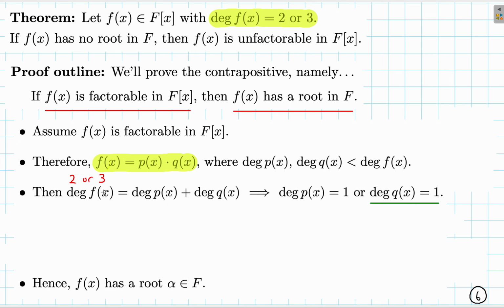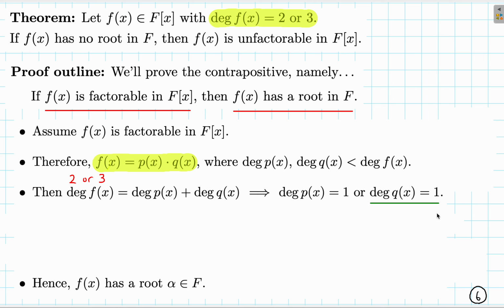If the degree of f of x is 3, we must have either 1 plus 2 or 2 plus 1. Again, given the restriction that these degrees are both less than the degree of f of x, those are the only possibilities. And therefore, we're guaranteed at least one of these, either the degree of p of x or degree of q of x, at least one of those must be 1.